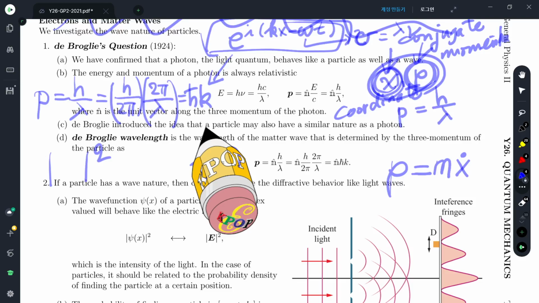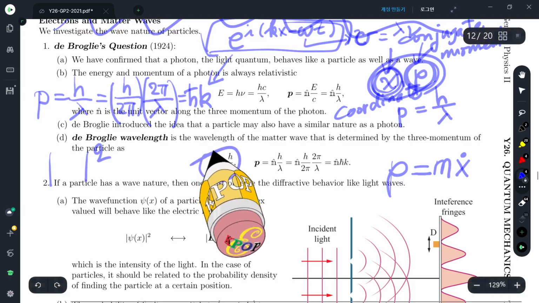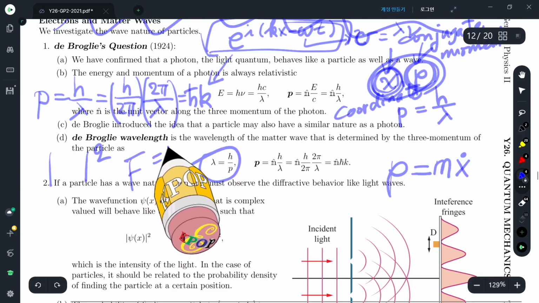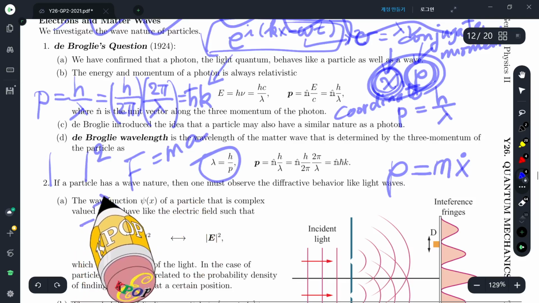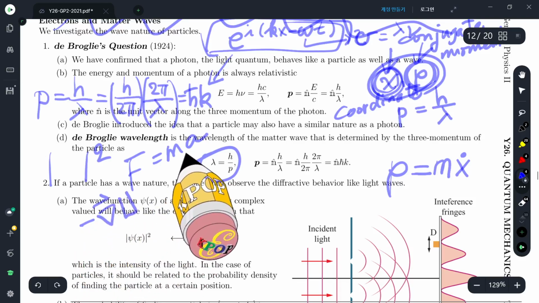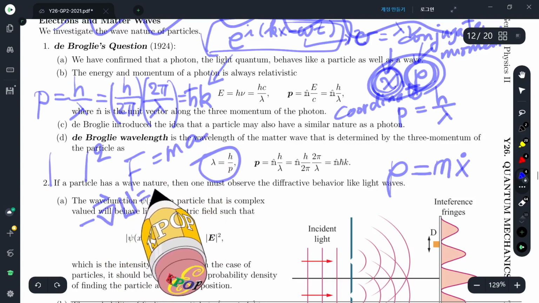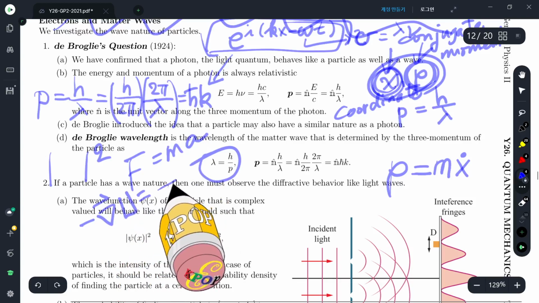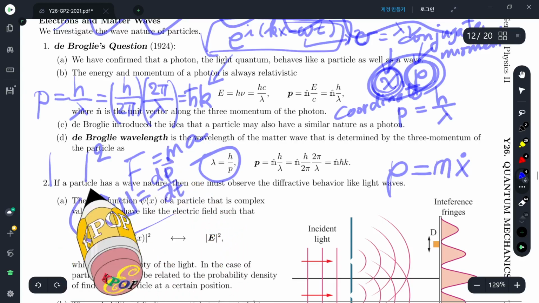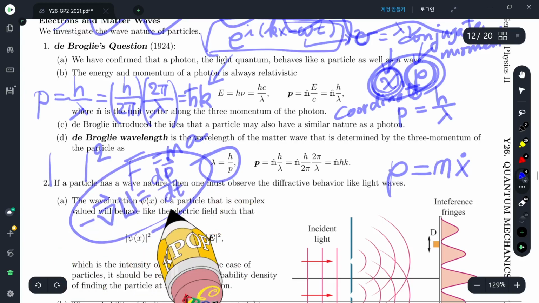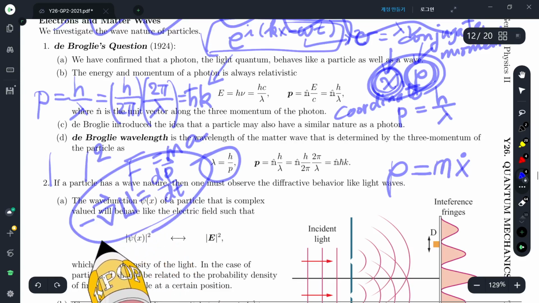In classical theory, the equation of motion is F equals ma. We know the force is minus the gradient of potential energy, and ma is just the time derivative of momentum. And this problem is completely solved, and you will know what x(t) is if you can solve this problem.